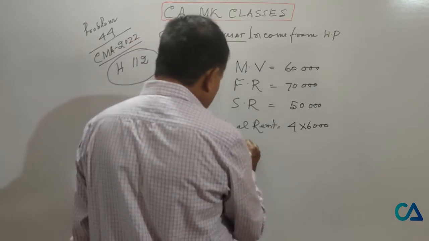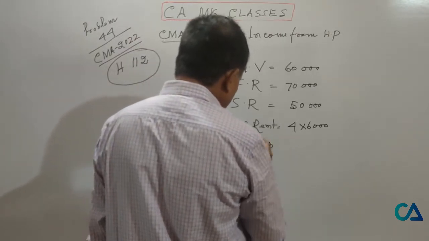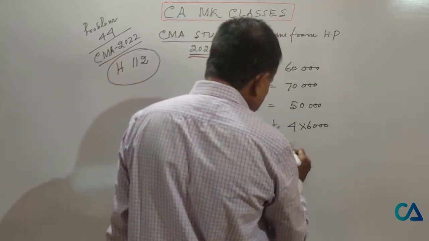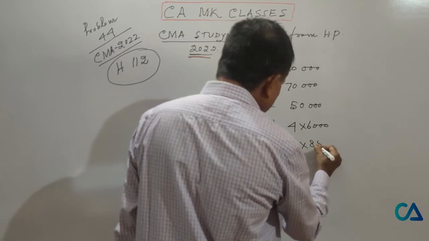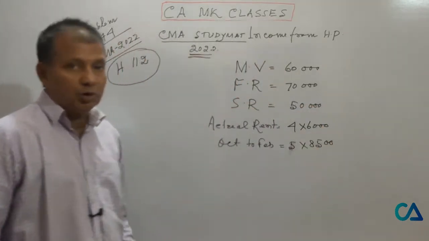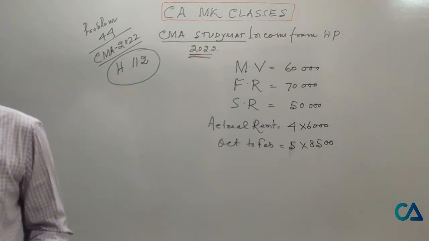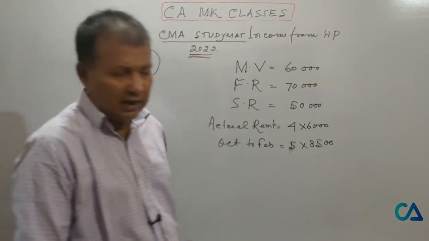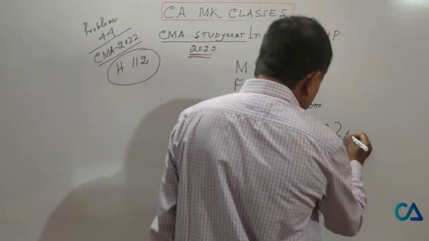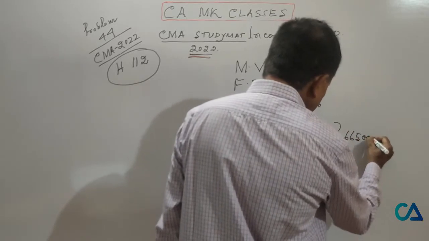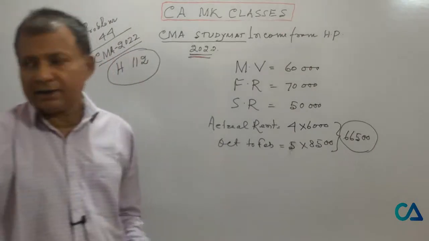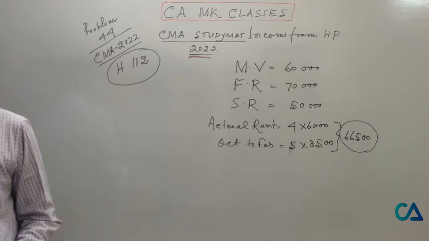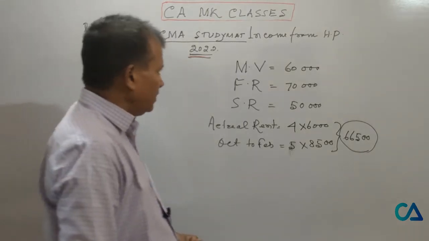So October to February, 5 months, 5 into 8,500. So 4 into 6,000 and 8,500 into 5, this total comes to 66,500. This is your actual rent, 66,500.